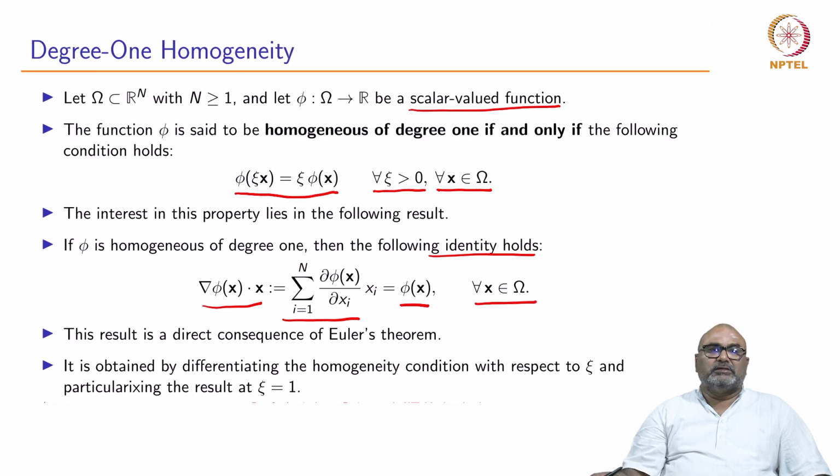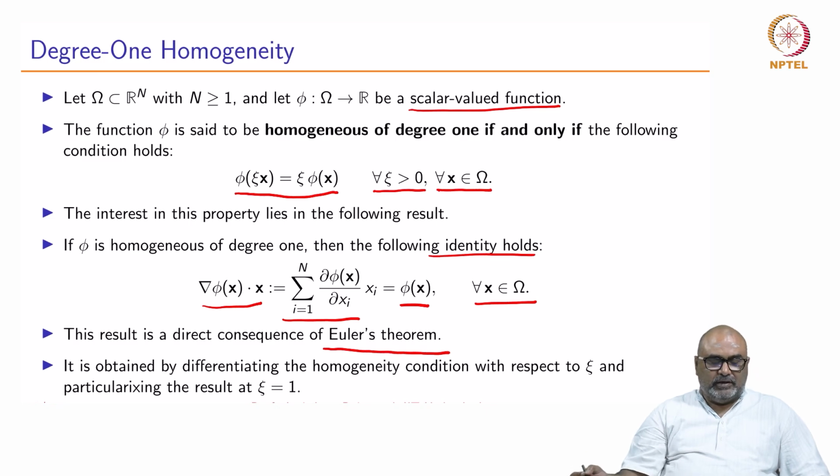So, this result, that the gradient of phi of x dotted with x, where x is any other vector, is given by the summation i equal to 1 to n of dou phi of x by dou xi times xi, gives the same function phi of x, is a direct consequence of Euler's theorem.